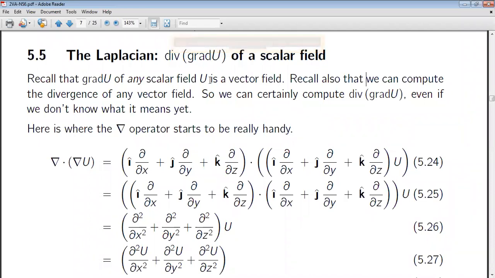Also we have to recall that divergence can be calculated for a vector point function. So we can certainly compute the divergence of the gradient of u, because the gradient of u is a vector point function.